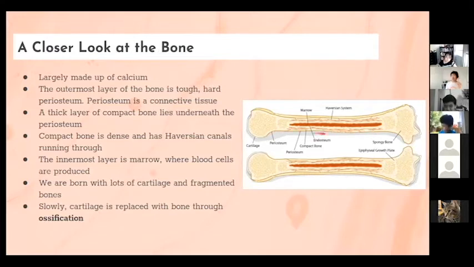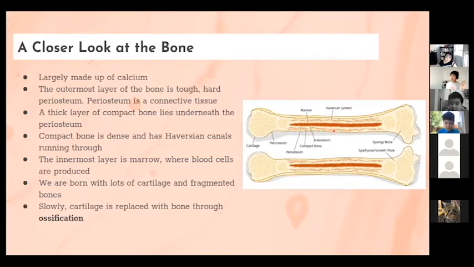And moving on. A thick layer of compact bone lies underneath the periosteum, and this compact bone is usually what we think about when we think about bones. It's that tough, hard bone, but it's actually not that tough and hard. This is why. There are a series of holes that run through the compact bone, and these holes are very small.